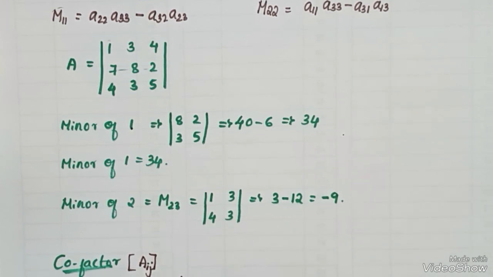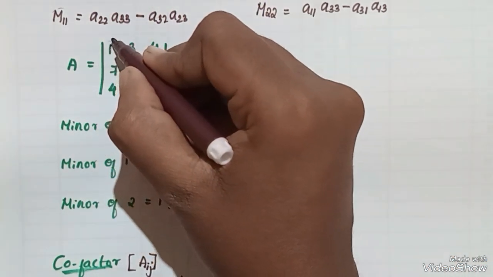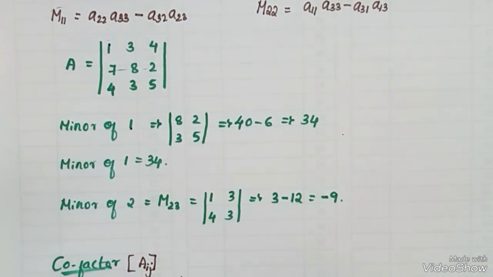The cofactor of 1, by the definition of cofactor, can be written as minus 1 to the power i plus j. The element 1 is in the first row, first column, where i represents the row and j represents the column. So it is minus 1 to the power 1 plus 1 into the minor M11, because we want the cofactor of the element a11, that is 1.